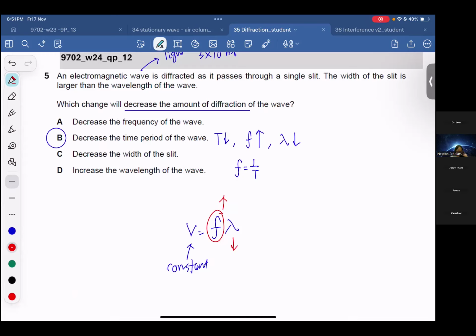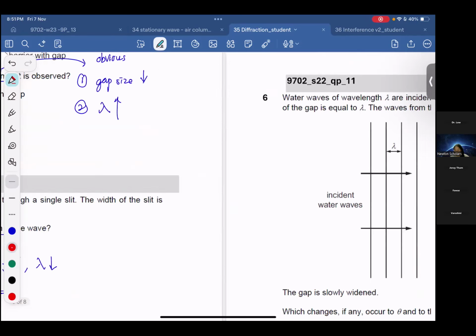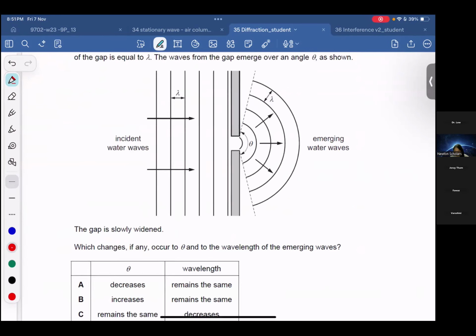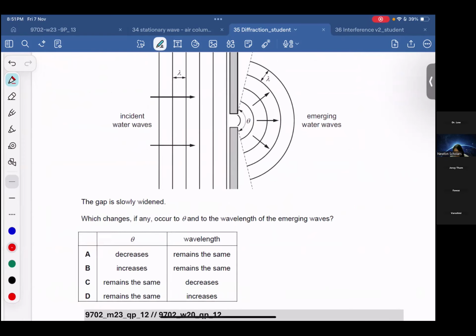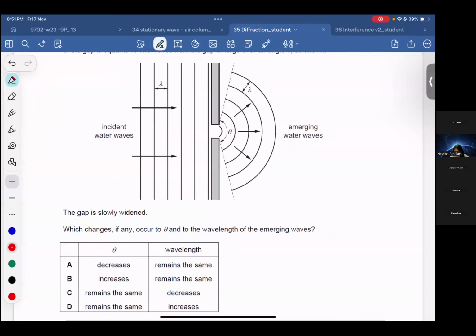6A. It should be easy. Nothing to calculate.